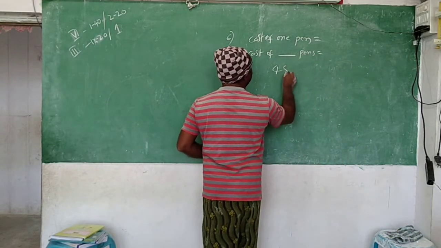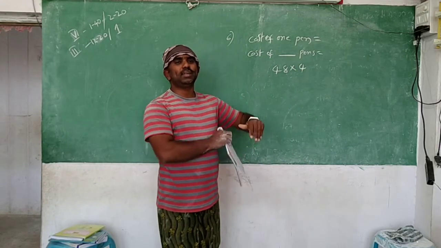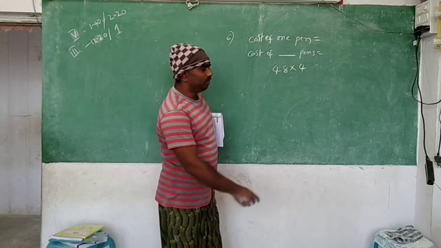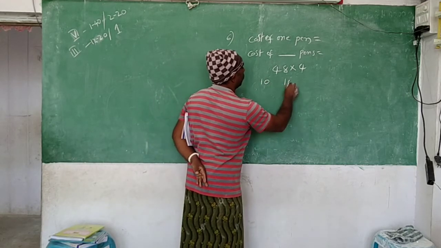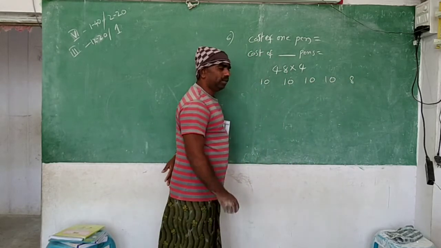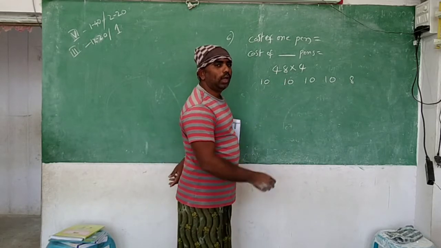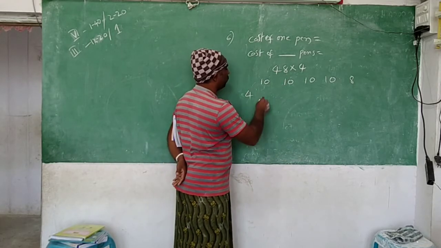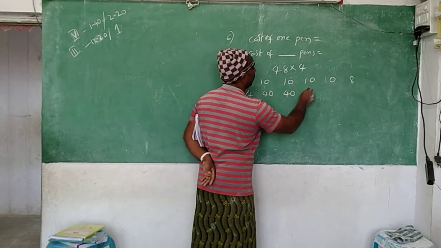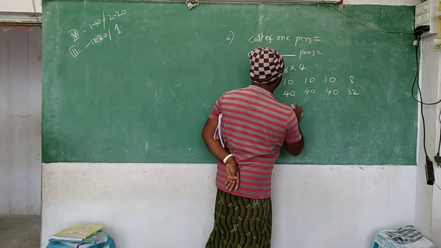So now what should we do here? We should do the multiplication 48 into 4. Okay, what is the method you will follow for this? 8 to 48, and you are multiplying with 4. 4 tens are 40, 4 tens are 40, 40, 40. 4 eights are 32.